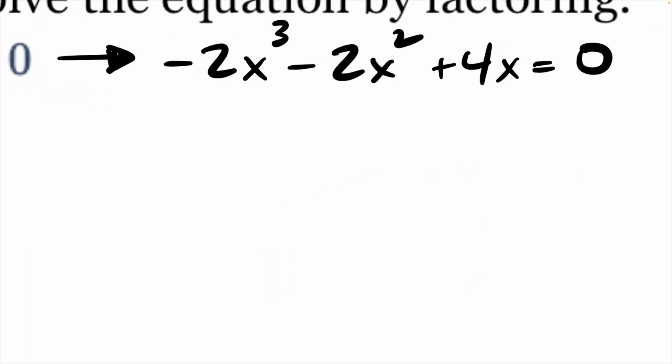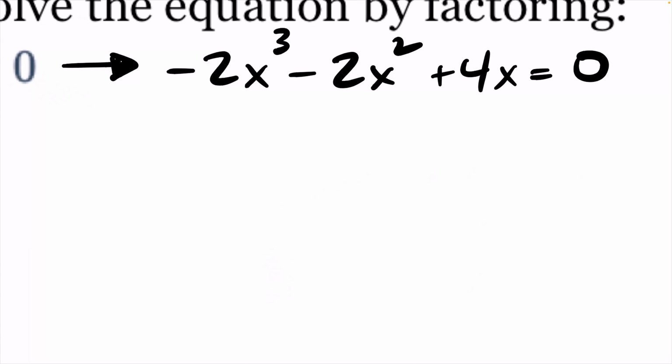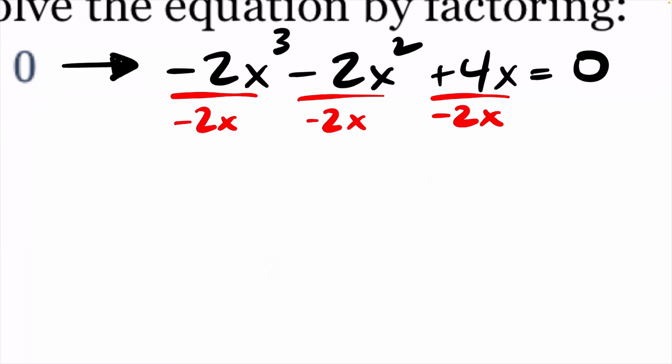Step 2, GCF. So look at the numbers. Negative 2, negative 2, positive 4. What's the biggest thing I can divide them all by? Can I divide them by anything other than negative 1? Negative 2, right? They're all even, so I can divide them by negative 2, right? Negative 2, and then x, right? Because they all have a power of x I can take away. Good.